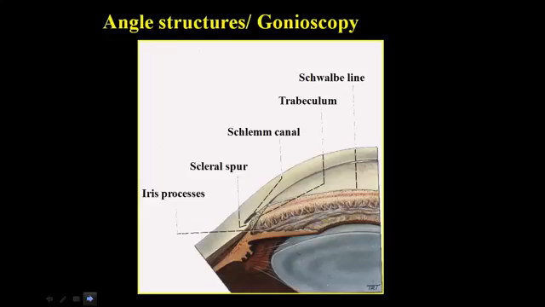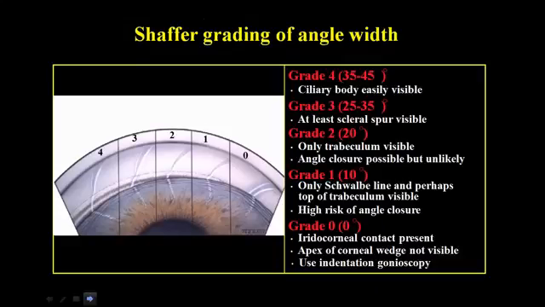Then we have the trabecular meshwork or trabeculum. Then the third is the scleral spur, and the most posterior is the ciliary body. We can classify glaucoma into open angle glaucoma or angle closure glaucoma based on the identification of these structures.